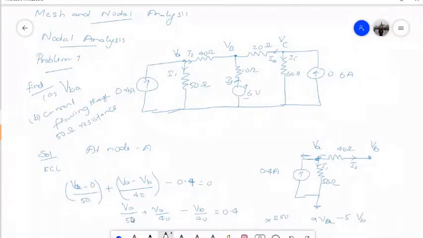Now you can add this 1 by 50 and 1 by 40 and then multiply it. So when you multiply by 200, you'll actually be getting 9 times VA. You can perform that calculation. I don't want to spend my time in basic mathematics.